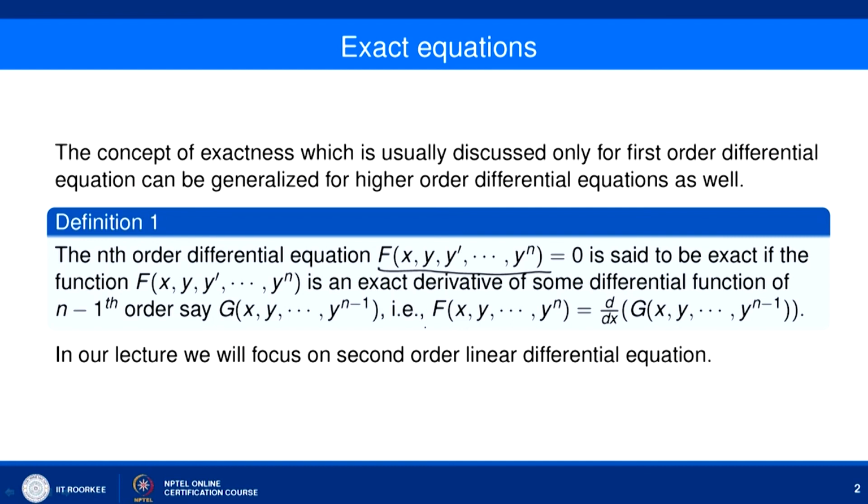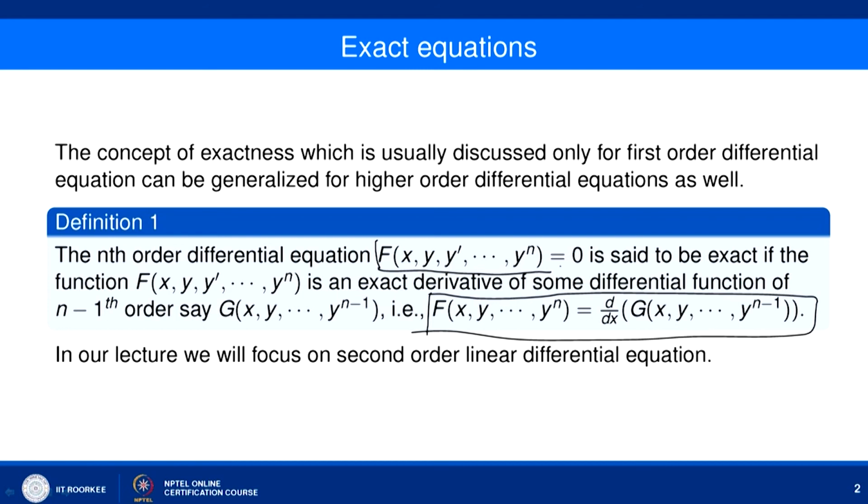That is, f of x, y up to y n is written as d by dx of g of x, y up to y n minus 1. When the left hand side is written as the exact derivative of some differentiable function of one less order, we say that our differential equation is an exact differential equation.